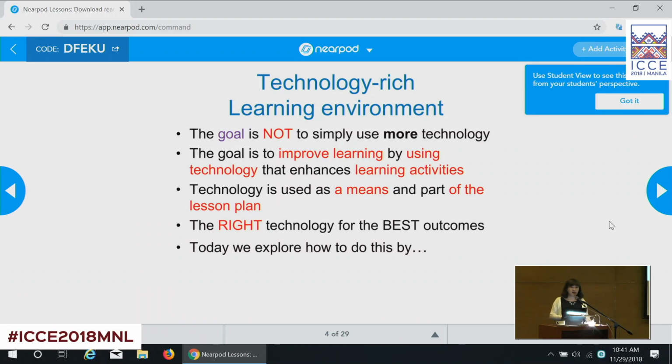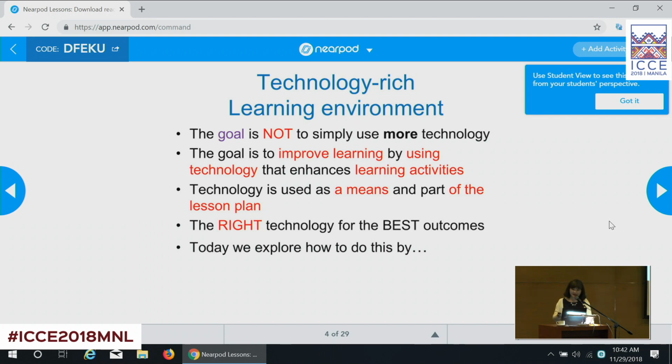When considering creating or developing a technology-rich learning environment, we should bear in mind as language instructors that the goal is not to simply use more technology. Instead, the goal is to improve learning by using technology that enhances or supports student learning activities. While improved outcomes are the goal, technology should be treated as a tool to enhance student learning activity.